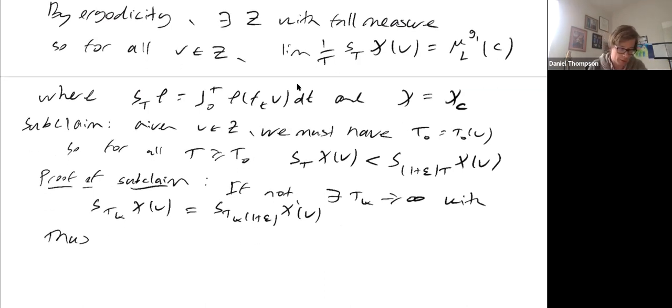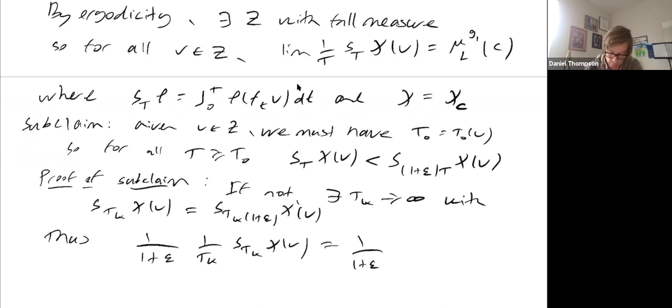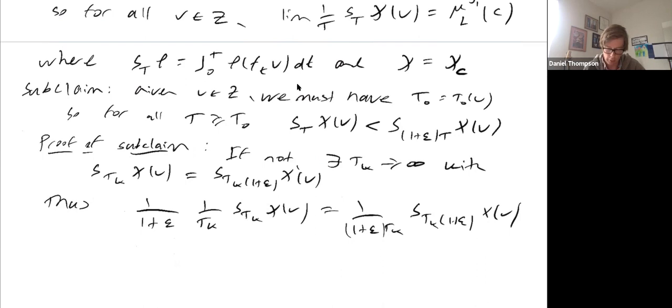And that's going to contradict the ergodic theorem. 1 over (1 plus epsilon) t_k times S_{t_k} chi V equals 1 over (1 plus epsilon) t_k times S_{(1+epsilon)t_k} chi V, and of course the thing on the right goes to the measure, and the thing on the left goes to 1 over 1 plus epsilon times the measure.